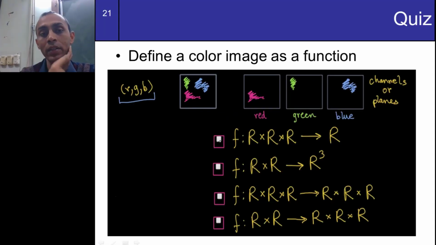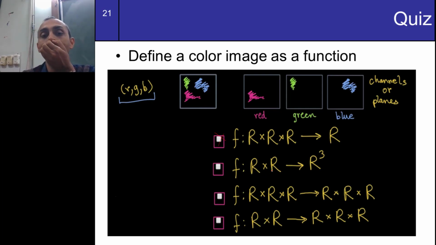The first one is not. What about the second? Yes or no?